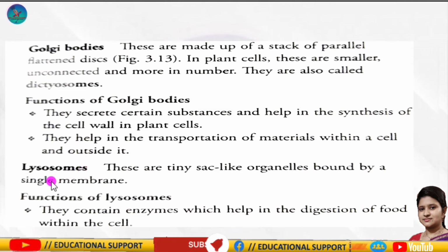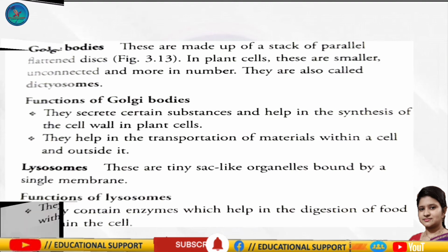Next are the lysosomes. Lysosomes are tiny sac-like organelles bounded by a single membrane. What are the functions of lysosomes? Lysosomes contain enzymes. And what is the function of enzymes? Enzymes help in the digestion of food within the cell.